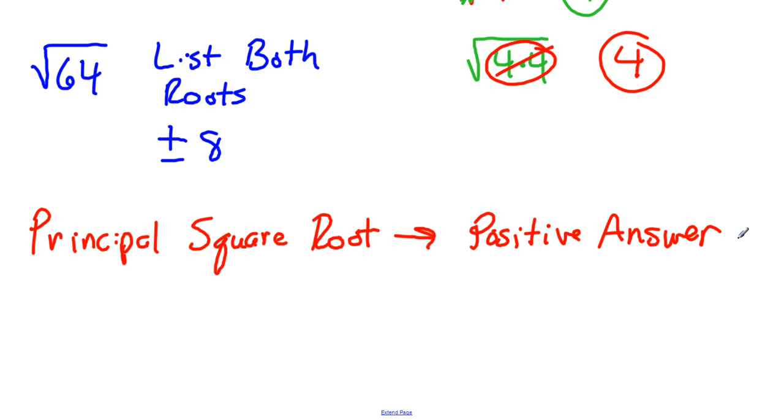If they ask for that one, that means if they ask you for the square root of 64, they just want 8 as your answer, not the positive or negative. Hopefully when we go through those problems, they specify whether they want 1 answer or 2. They should say find the square root, or find the square roots with an S, so you can see everything that's there.